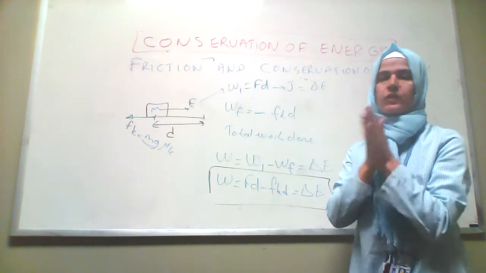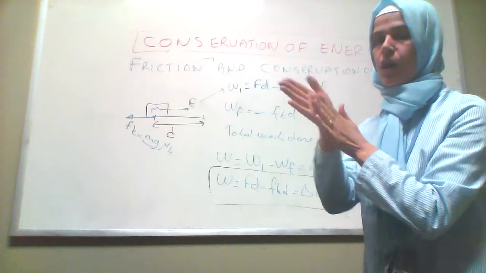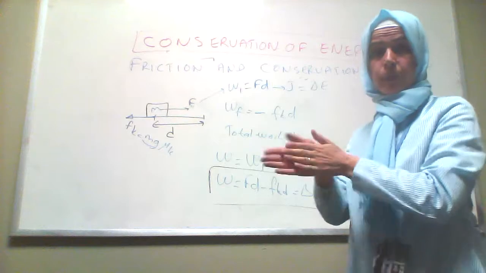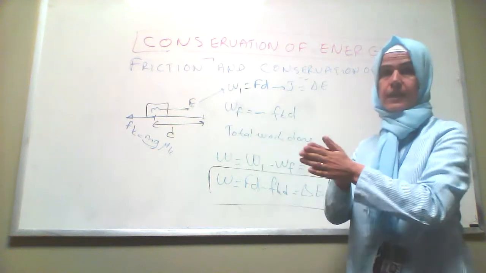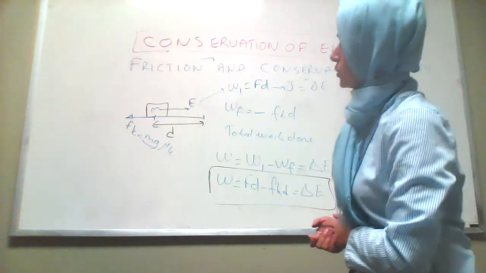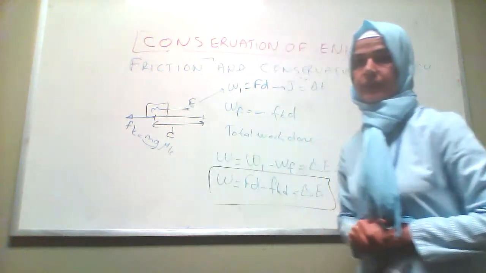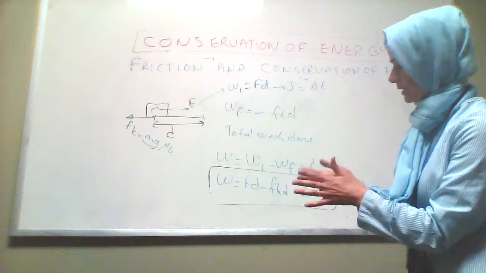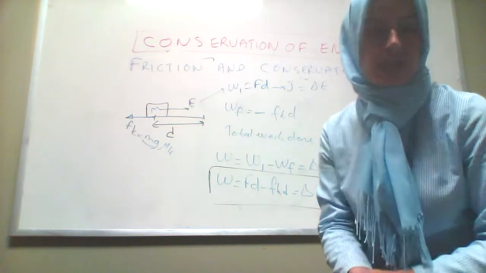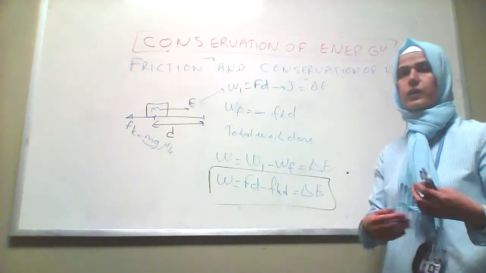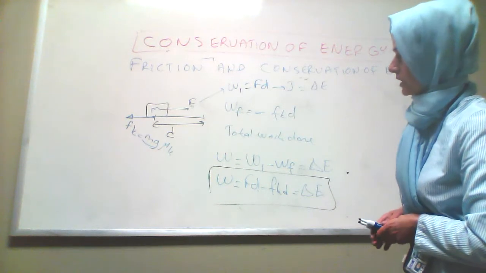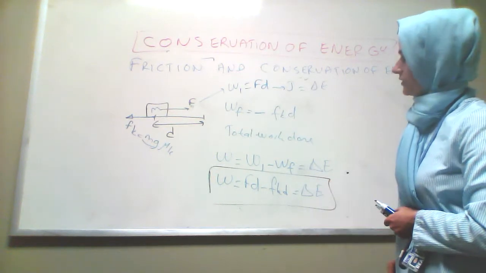Due to friction between two hands, some of the kinetic energy I have, due to the force I'm applying and the velocity I'm giving to my hands, converts into heat. So the energy is lost from my hands, but it actually becomes heat. This becomes a kind of internal energy of my hands. We'll get to that later if we have time in the course. But that's what friction does.